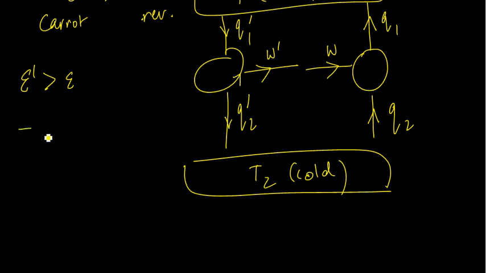So the work output by the Carnot engine, W prime, divided by the heat input into the Carnot engine, Q1 prime, is greater than minus W by Q1.